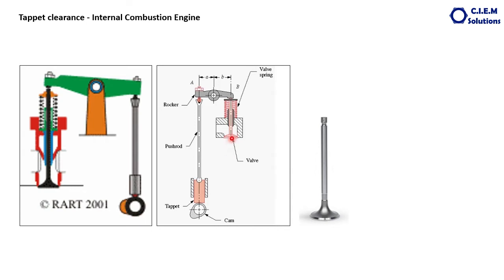The high temperature exhaust gases are always passing through the exhaust valve. So the amount of expansion in the exhaust valve will be more compared to the inlet valve. To take care of that excess expansion, the gap will be more here than for the inlet valve.